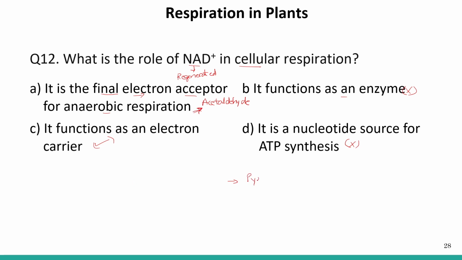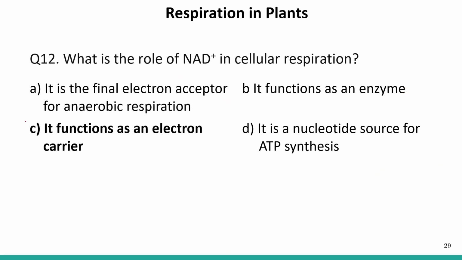During alcoholic fermentation, pyruvate is converted into acetaldehyde first. This acetaldehyde is an electron acceptor, and not NAD. And acetaldehyde is finally converted into ethanol, and carbon dioxide is released as a byproduct. So the correct option is option C.